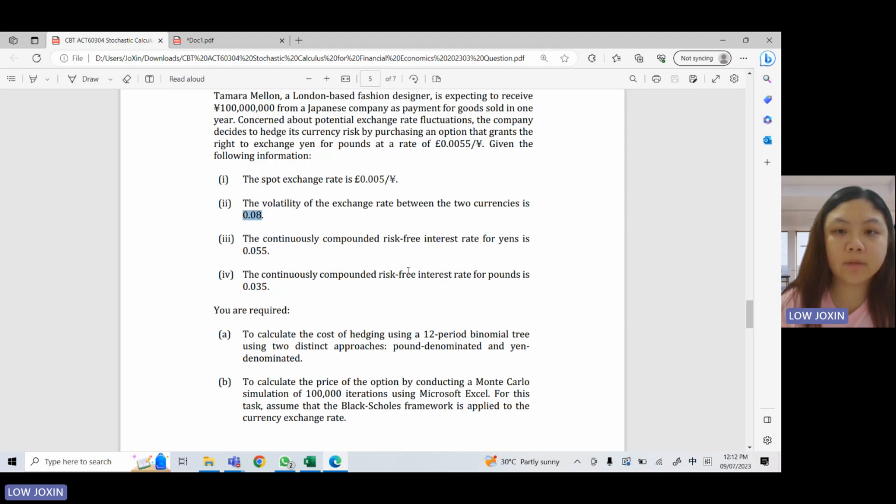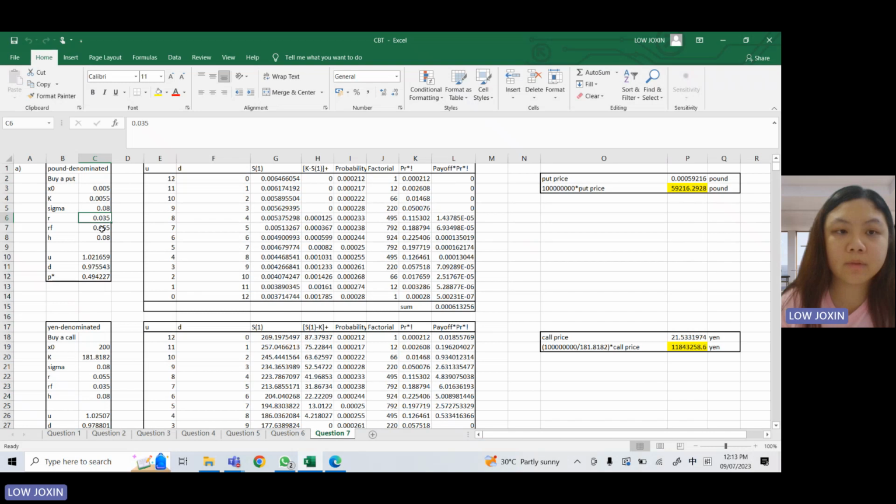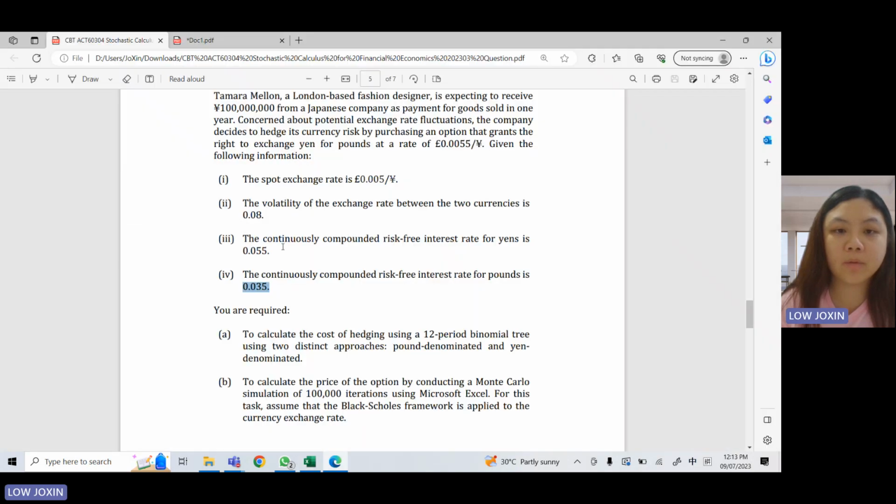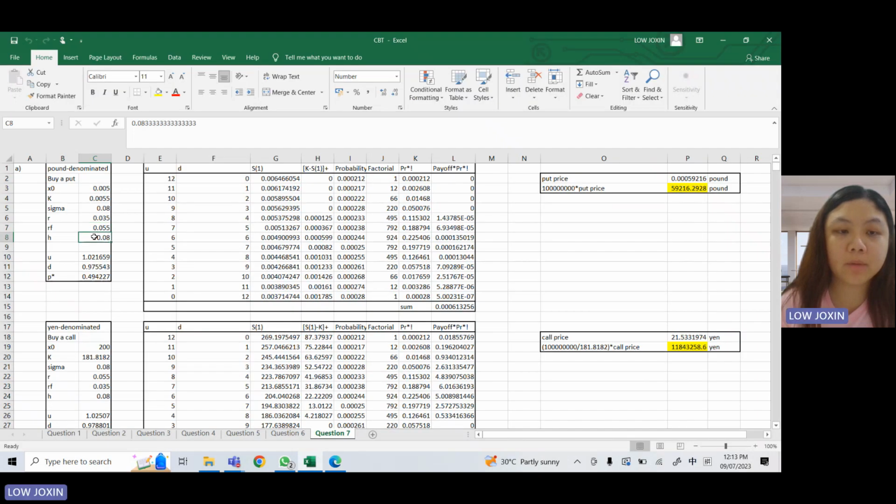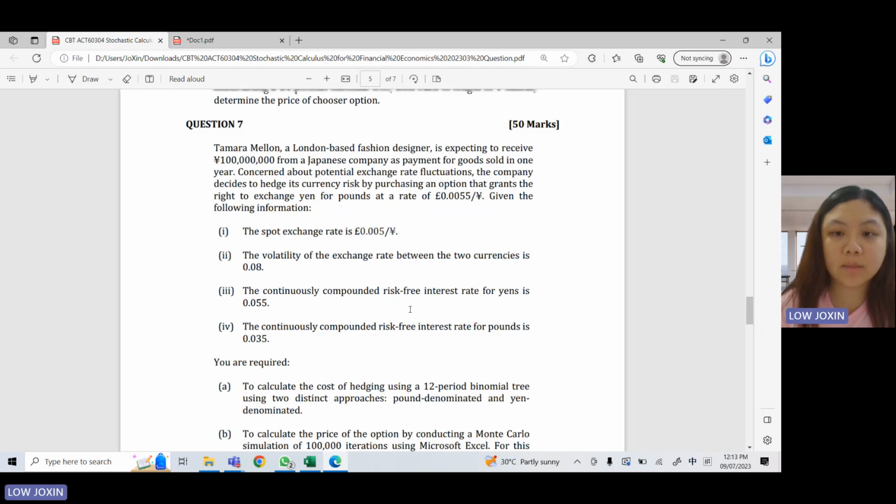And the risk-free rate, since I'm pound denominated now, will be 0.035. And my foreign risk-free rate will be the yen risk-free rate, so it's 0.055. And the h will be 1/12 because it's per month.